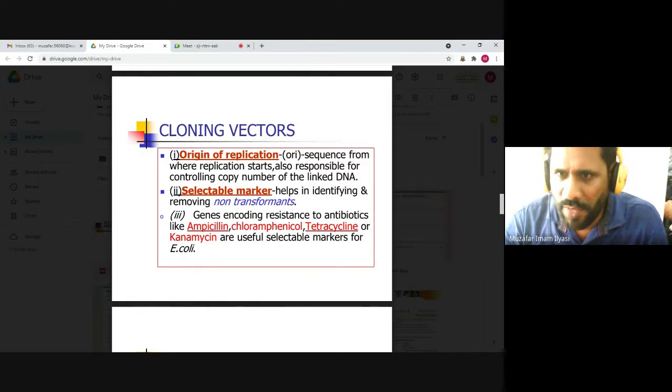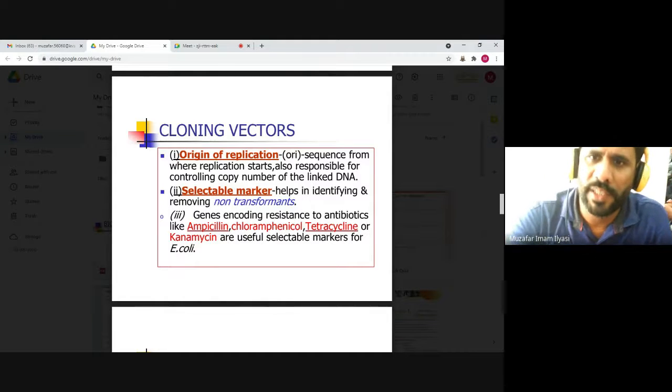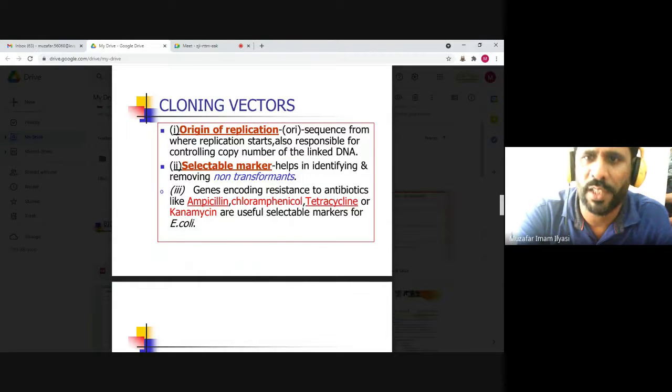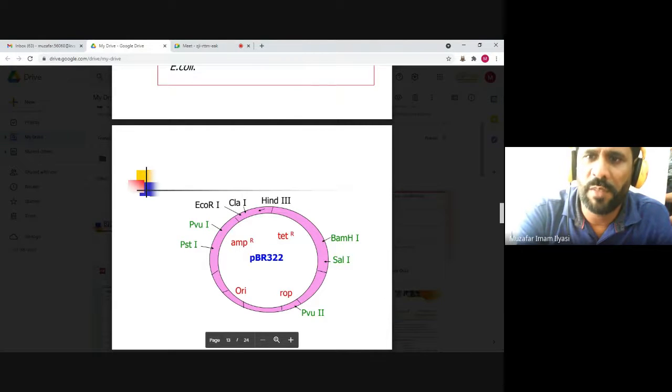Second is the selectable marker, which helps in identifying or removing non-transformants. And the third, genes encoding resistance to antibiotics like ampicillin, chloramphenicol, tetracycline, or kanamycin are useful selectable markers for E. coli. This one is the pBR322 plasmid.